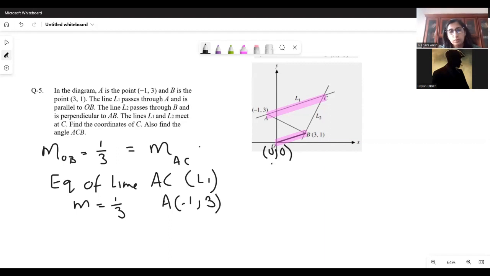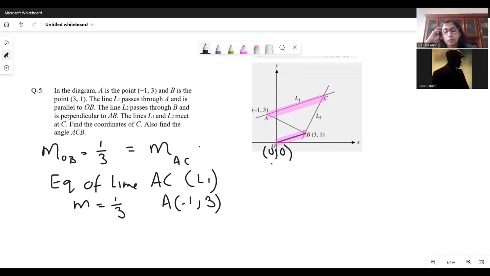Now tell me how you'll write the equation of this line. Miss, y is equal to mx plus c. When we know the gradient, we just put in the point to find the c. Okay. But what if I don't want to use c?